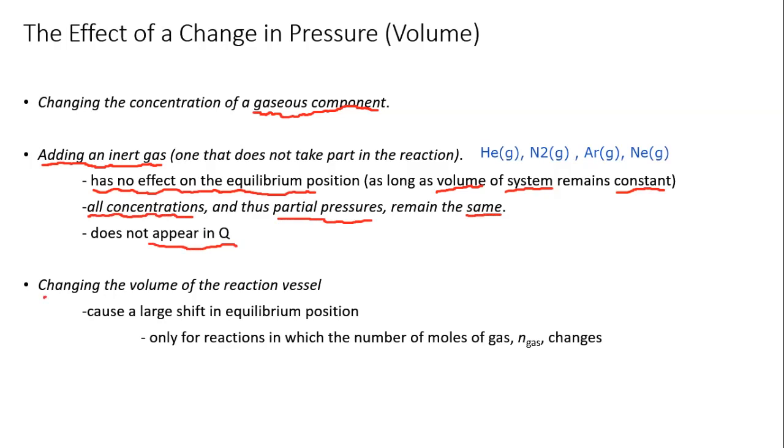So one thing we can do with gases is changing the volume. And whatever we say for volumes is the opposite for pressure. And this causes a large shift in equilibrium. And this only occurs for those reactions where the number of moles of gas changes.